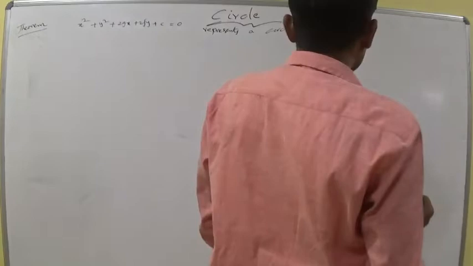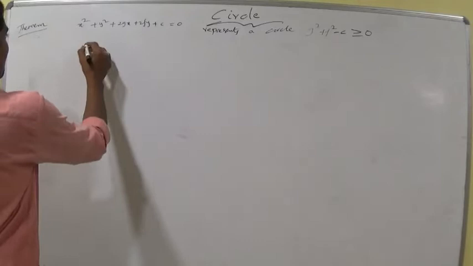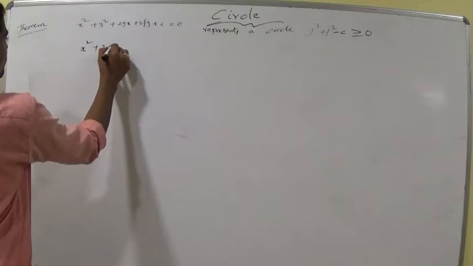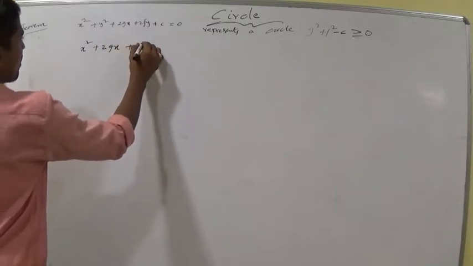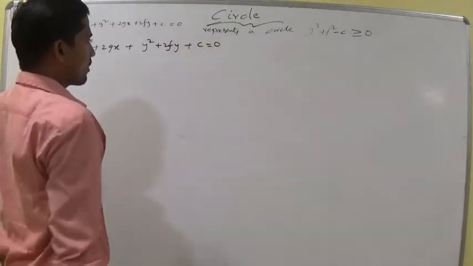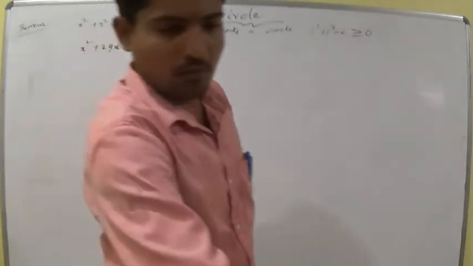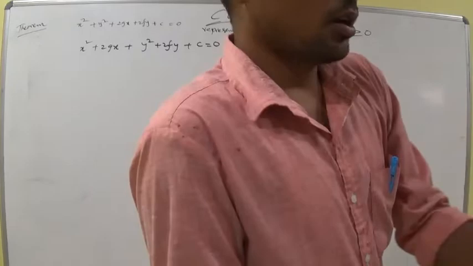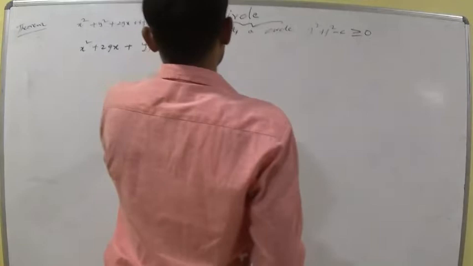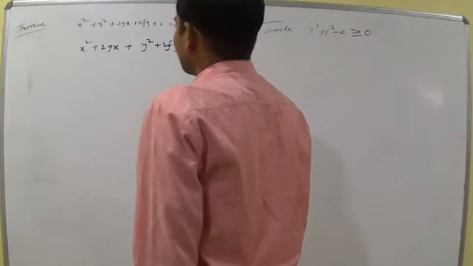Here, let us take the equation x square plus 2gx plus y square plus 2fy plus c is equal to 0. Transferring c to the right side, it becomes minus c.